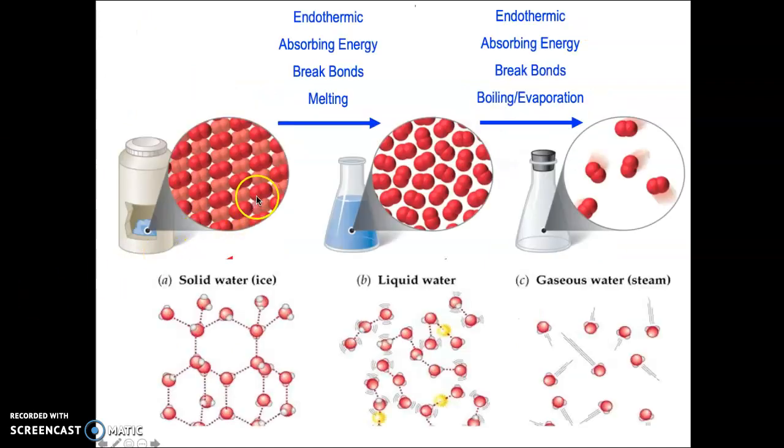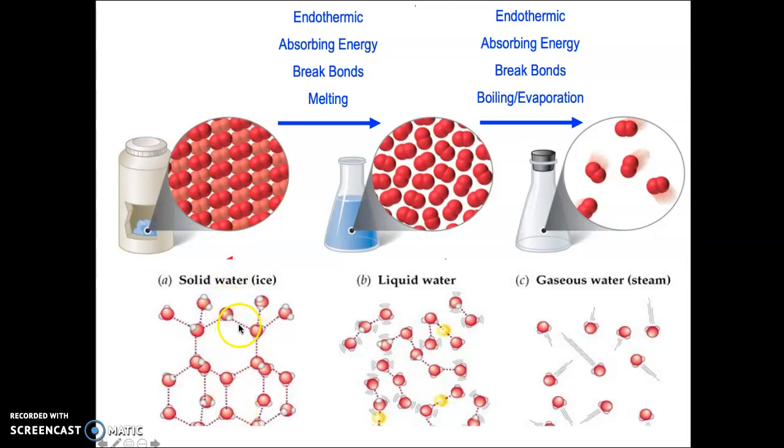What we've got here on the left hand side is solid water. All the molecules are intermolecularly bonded to other molecules, which holds the molecules close together. These are the intermolecular bonds, these little dotted ones. We're not breaking covalent bonds when we're doing melting and boiling.